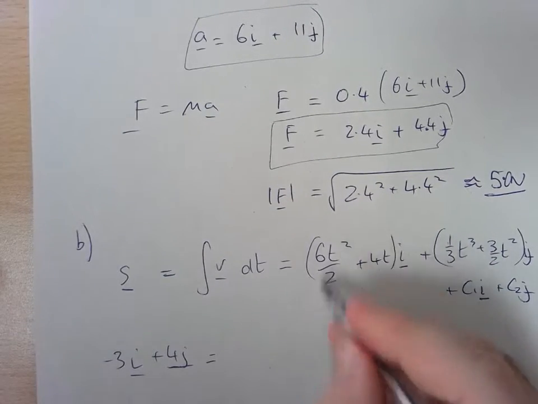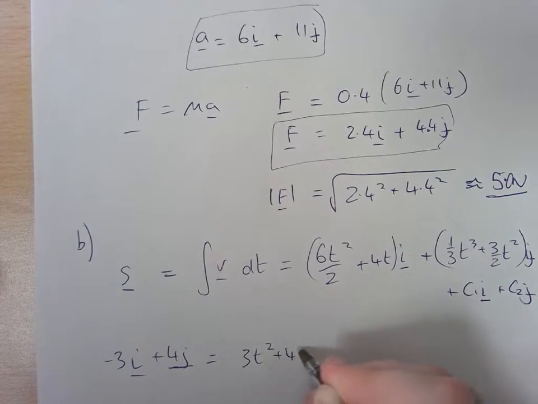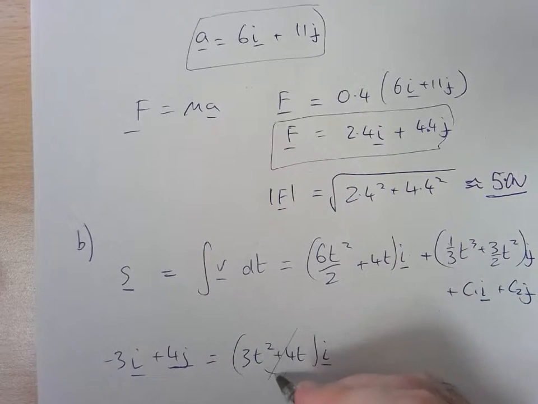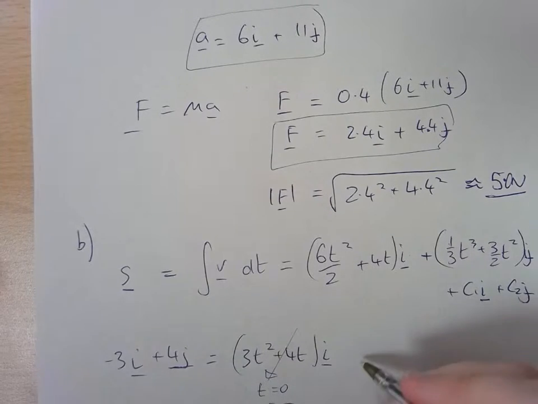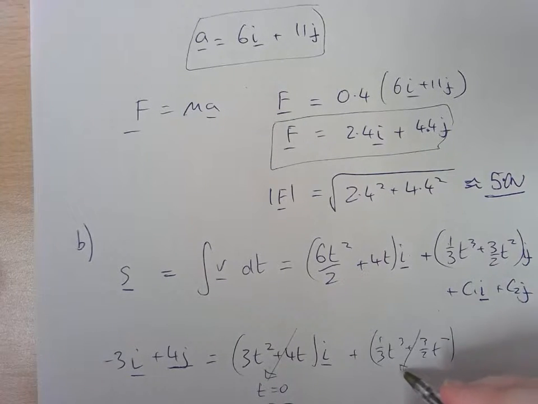equals, and then we simplify this, so I get 3t squared plus 4t i, and remember, initially t equals 0, so this is actually going to equal 0. We're going to have our 1/3 t cubed plus 3 over 2 t squared, which is also going to equal 0.